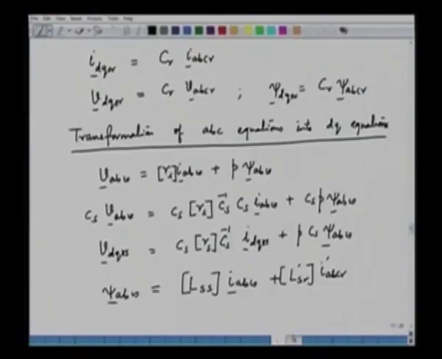So, this has to be transformed, and we can pre-multiply this equation by CS.